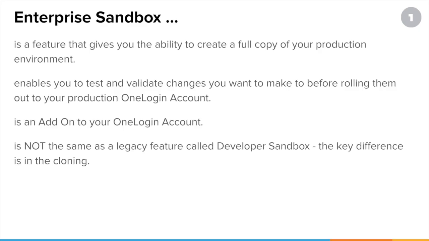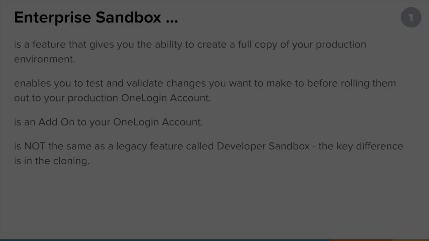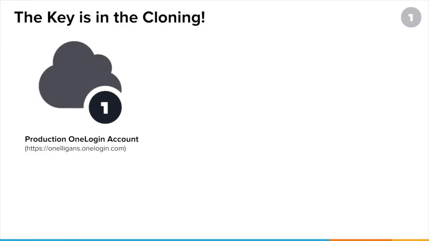Therefore, in order to test, you would have to create relevant artifacts manually, such as users, mappings, roles, etc. So the big difference is all these objects are part of your Enterprise Sandbox, because again, it is a clone of your production environment. So the key difference is the sandbox is a clone.